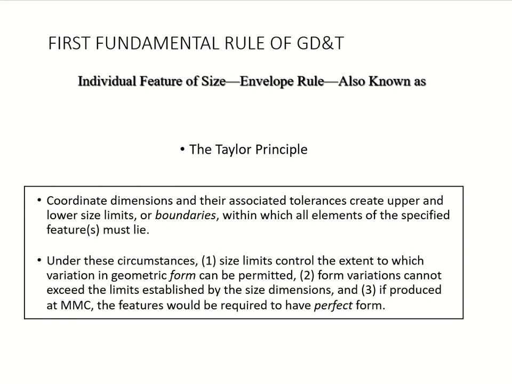Yeah. So circumstances 1, 2, 3. We have 3 circumstances in this rule. So number 1, size limits. So size limits is very important because it's going to control the extent, yeah, to which that variation in your form is permitted. It's just telling you that you have a limit and don't go beyond that. Okay, keep it in that limit. Form variations, you can't also exceed that limit.